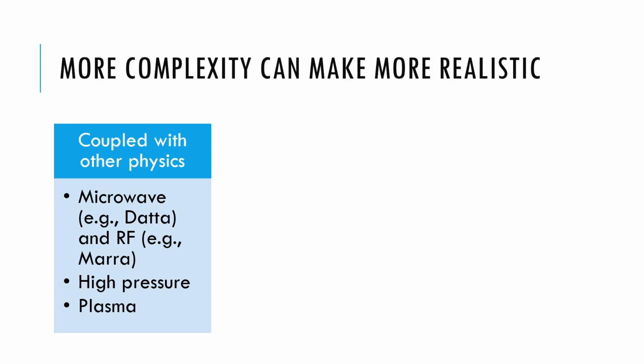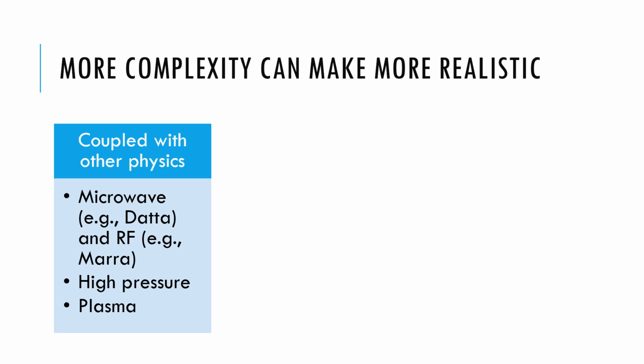Coupling, in case of microwave, for example: as you heat, the material, of course, changes temperature. As it changes temperature, its dielectric properties change. So the microwave physics keeps changing with heat transfer physics, and so they are coupled together. So coupling requires other considerations.